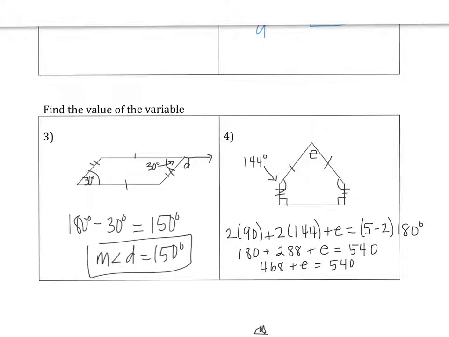We want to get E by itself, so we subtract 468 from both sides. And then we get the measure of angle E equals 72 degrees.